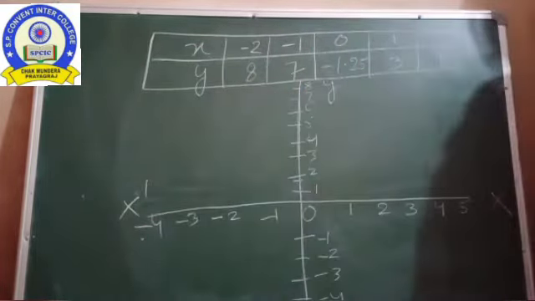First point is (x, y), that is (-2, 8). -2 on the x-axis and 8 on the y-axis. (-2, 8). Second, (-1, 7): x is -1 and y is 7.